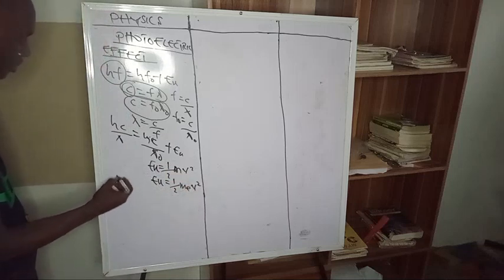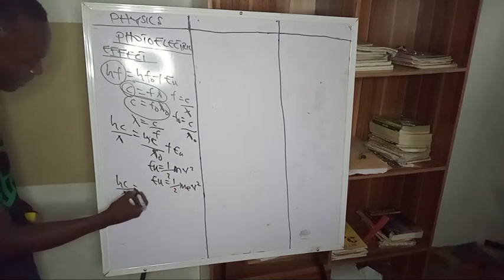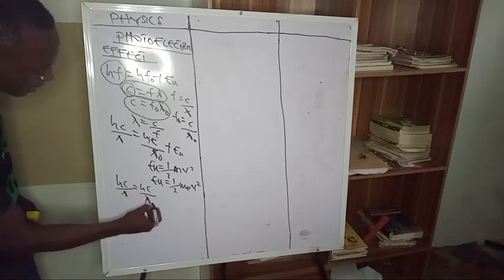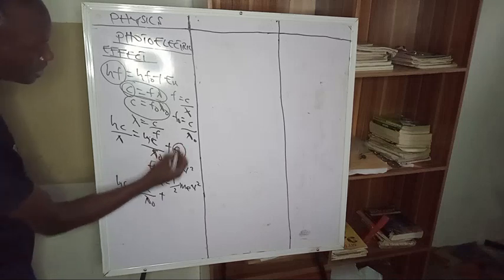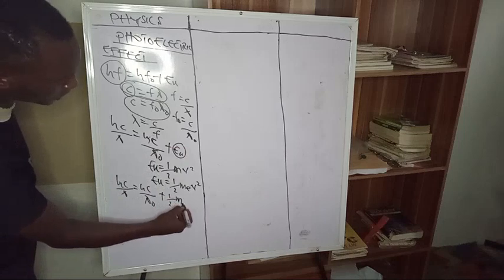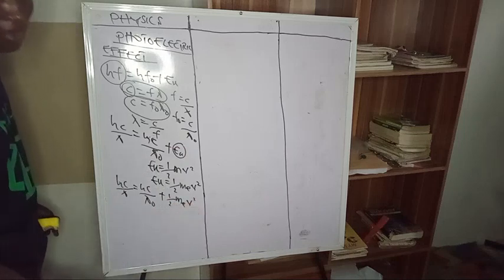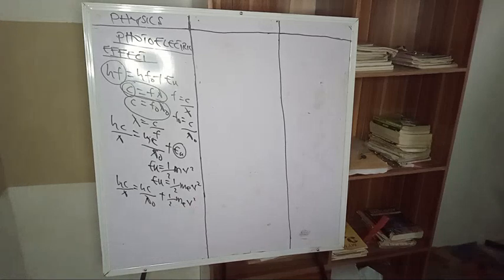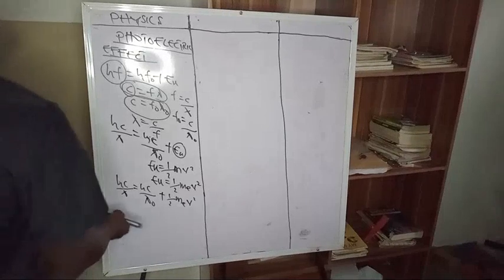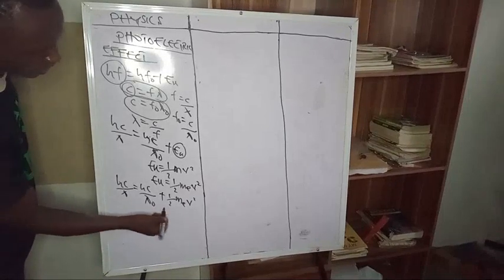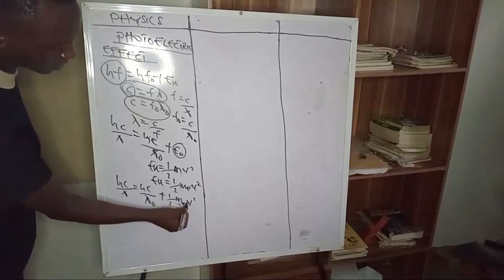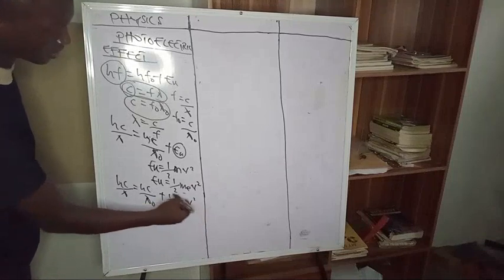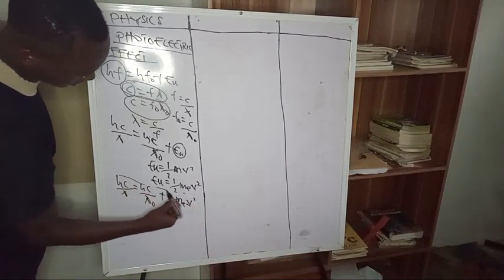So you have hc/λ = hc/λ₀ + 1/2 mₑv², where mₑ is the mass of the electron and v is the velocity, squared. This was the final value we derived.